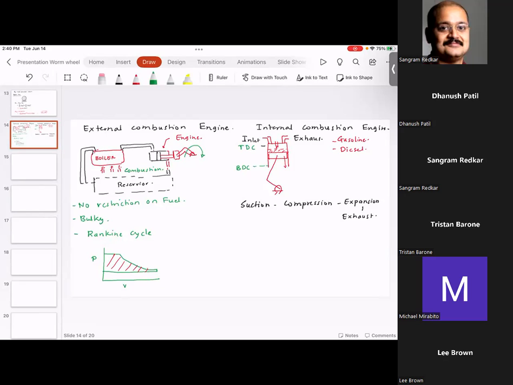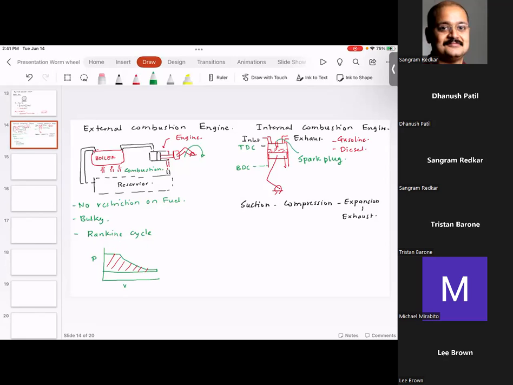In compression, the piston goes from bottom dead center, which is BDC, to top dead center, and the charge is compressed. As the piston hits the TDC, the spark plug generates a teeny tiny spark that burns the charge, and you have these high pressure, high temperature gases that do the work on the piston.